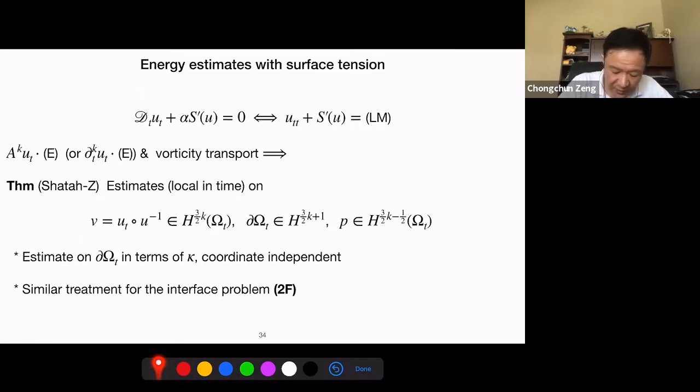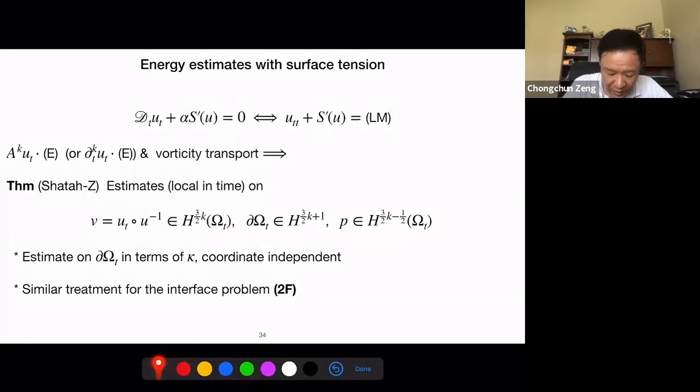That gives you, say, suppose the velocity field is in H^{3/2 k}. So the 3 is from A. A is the third order pseudo differential operator, non-local. And the boundary is 3/2 derivative better. Because if you restrict the velocity field to the boundary, it's 3/2 k minus 1/2 by the trace theorem.